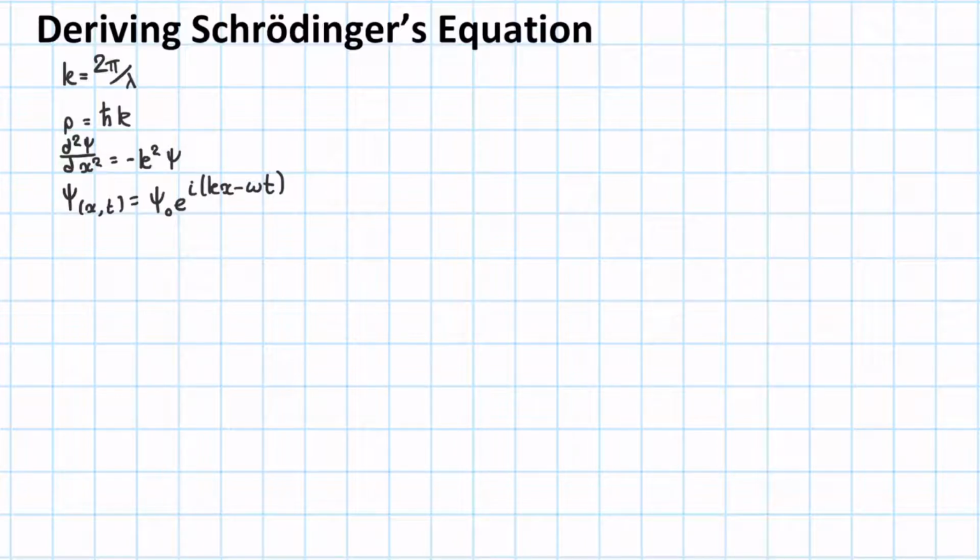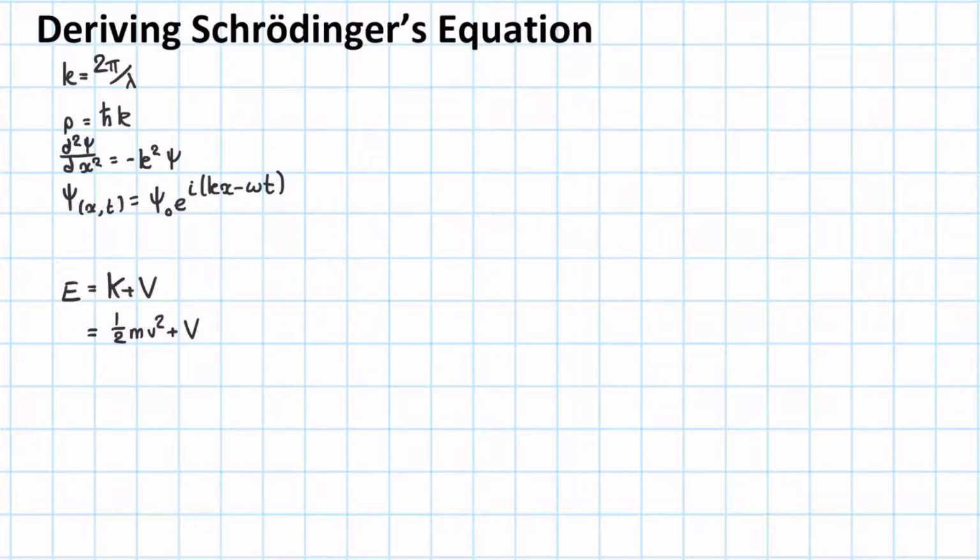Now, let's consider energy, which we can write down in its classical expression. E equals K plus V. This is tantamount to saying that the total energy of a system is equal to the kinetic energy plus the potential energy. We can further specify this by saying that the total energy is equal to half mv squared plus the potential energy.